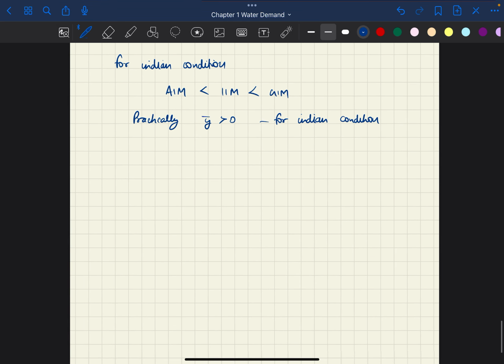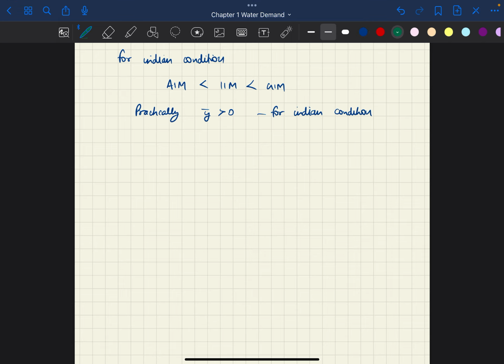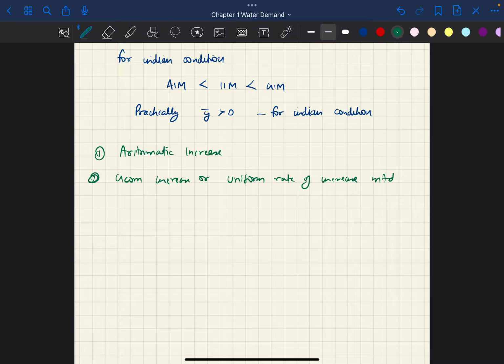So I'm going to revise the names for you. First is arithmetic increase. Second is geometric increase or uniform rate of increase method.